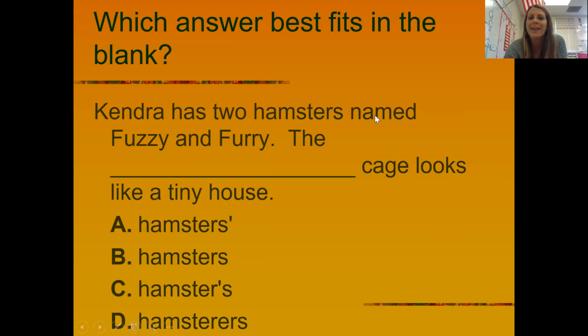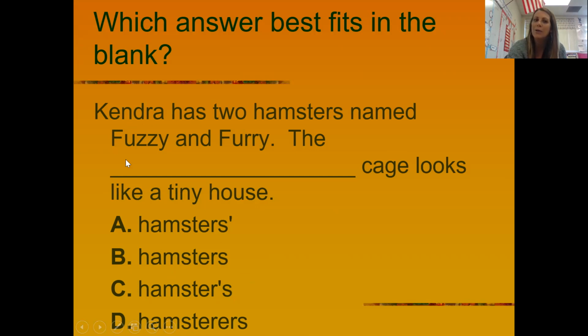But then they say they're talking about the blank cage looks like a tiny house. Okay, well, there's two that have an apostrophe. A and C. Which one do you think it would be?